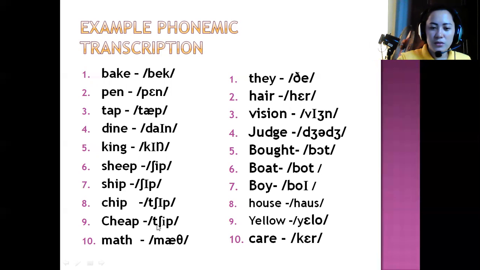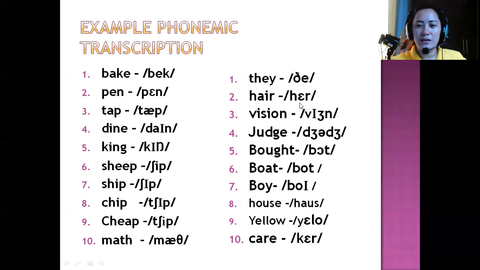So this is the ch, and this one is sh. Okay, take note of these phonemic symbols. For math, and for they, this one, the voiced th and the a, they.